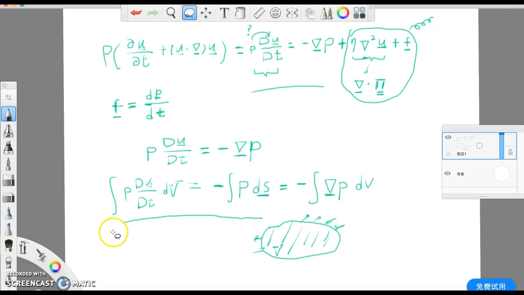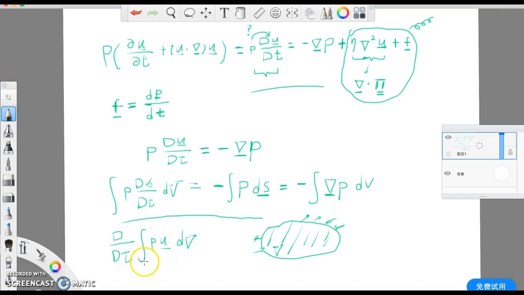It should be d/dt of the integral of rho u dV, right?